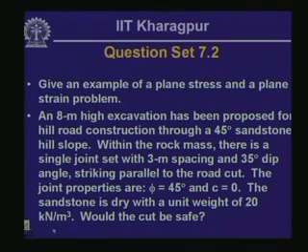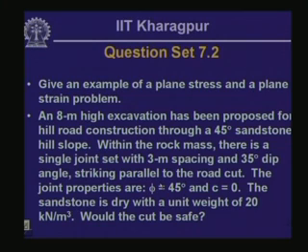Getting back to question number 2. In this case what I asked is that there is an 8-meter high excavation proposed on a hill slope, a 45-degree sandstone hill slope, and the rock underlying this hillside has got a single joint set which is striking parallel to the road cut, and it has got 3-meter spacing and 35-degree dip angle.